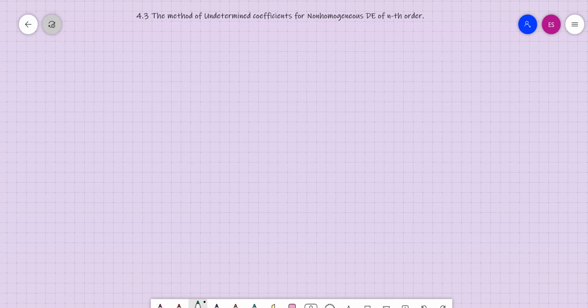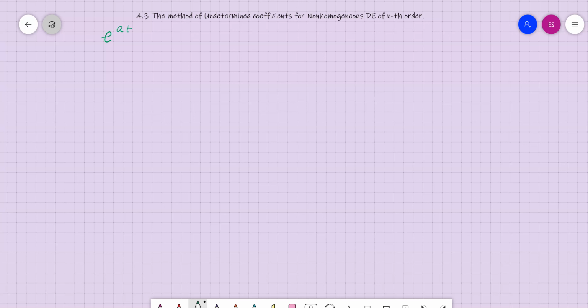There's going to be nothing new in the undetermined coefficients method as well. For non-homogeneous equations, generally speaking, we can use undetermined coefficients for exponential functions, e to the power of at.